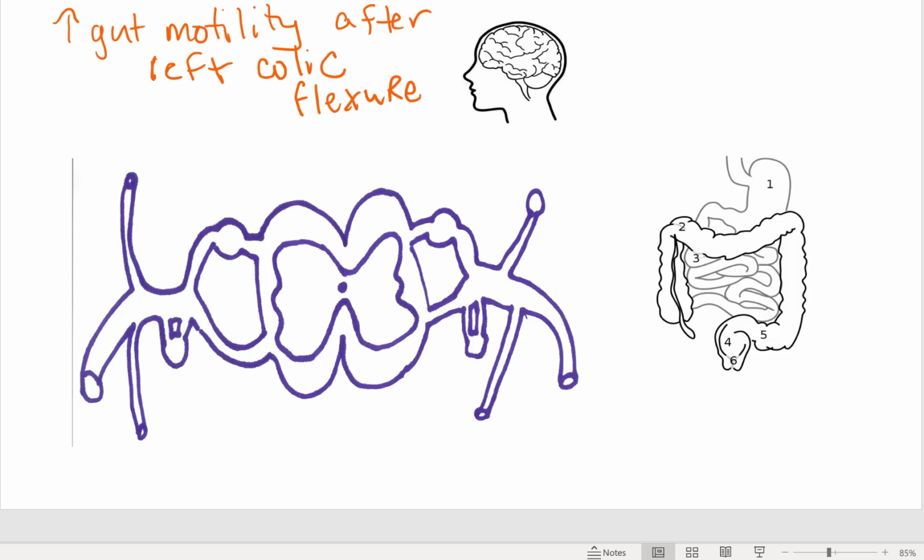Now we would need our spinal cord picture. We would not be using a cranial nerve from the head. We would not be using cranial nerve number 10. Let's say we're trying to increase gut motility of the descending colon.